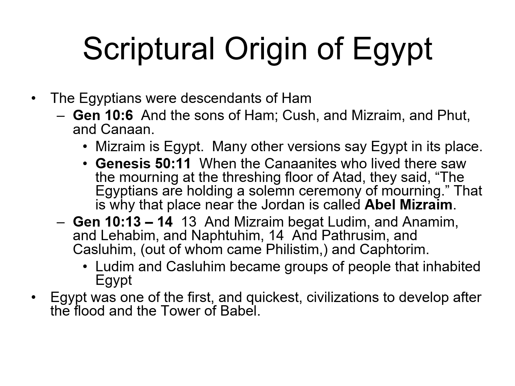So my apologies if I got the pronunciations wrong there. But we see that these are the descendants of Mizraim. And we know from archaeology and history that Ludim and Casluhim became groups of people that inhabited ancient Egypt. So Egypt was one of the first and quickest civilizations to develop after the flood and the Tower of Babel.